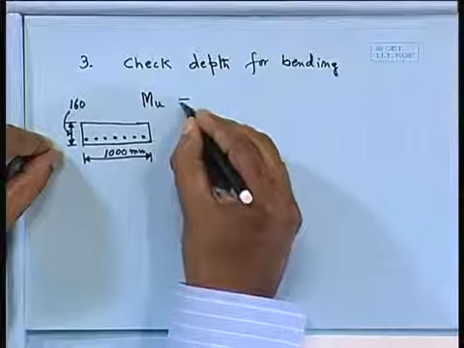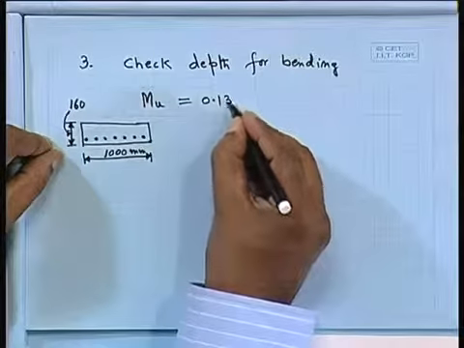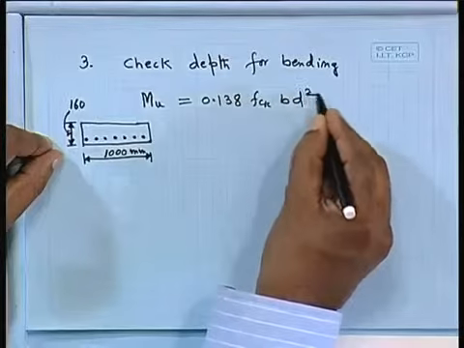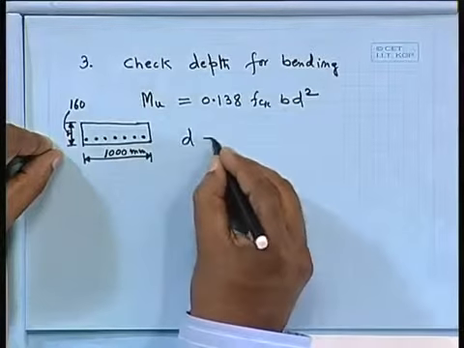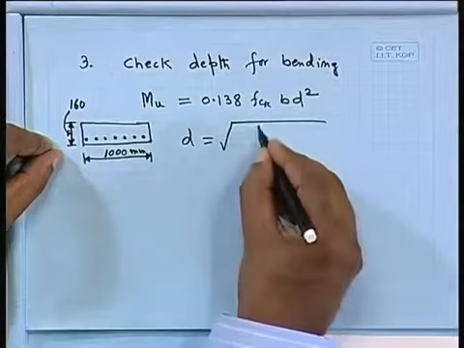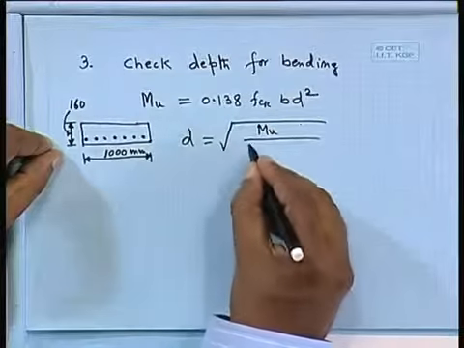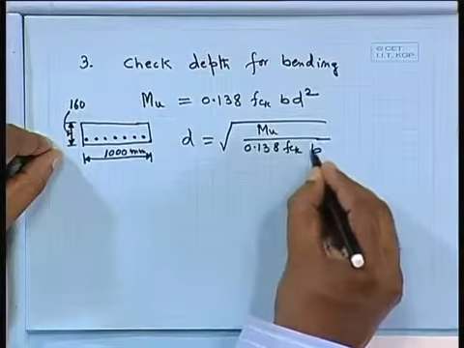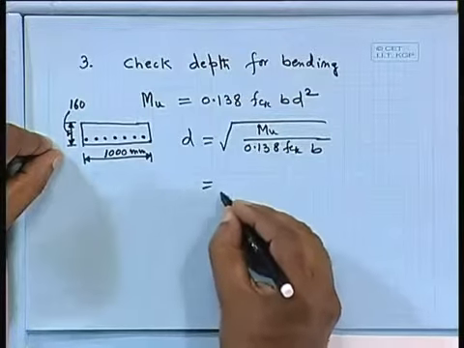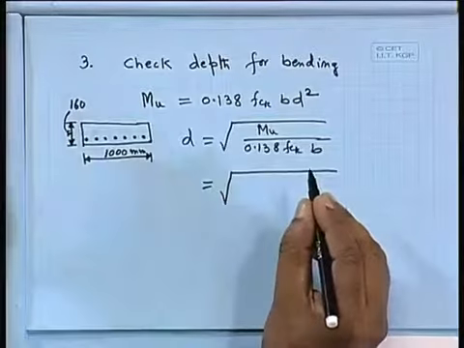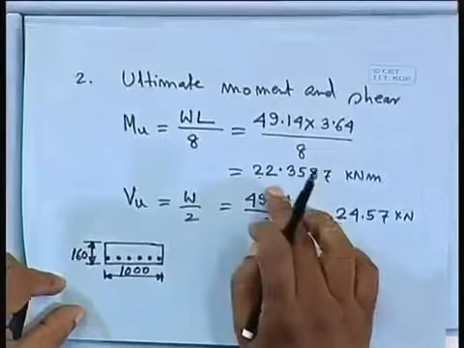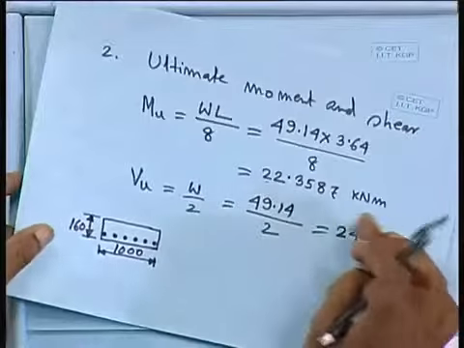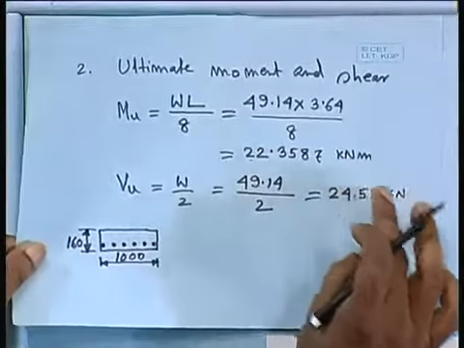So, Mu equal to 0.138 fck b d square, so d equal to root over Mu by 0.138 fck times b. The moment we have calculated is 22.3587 kilonewton meter.